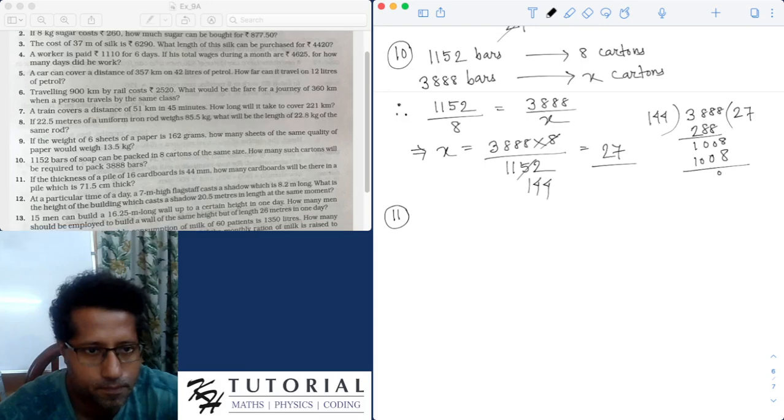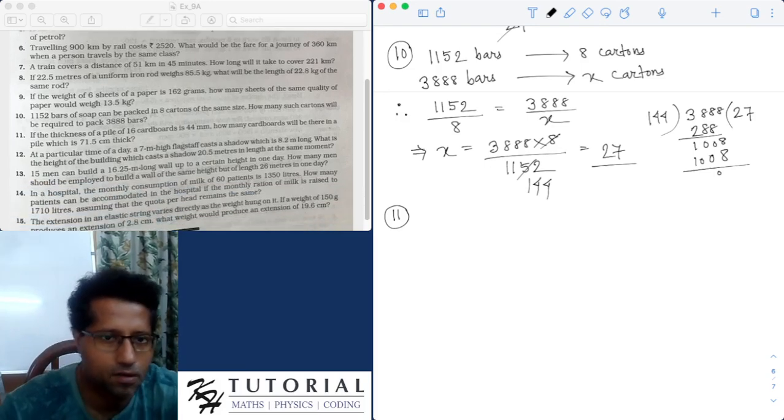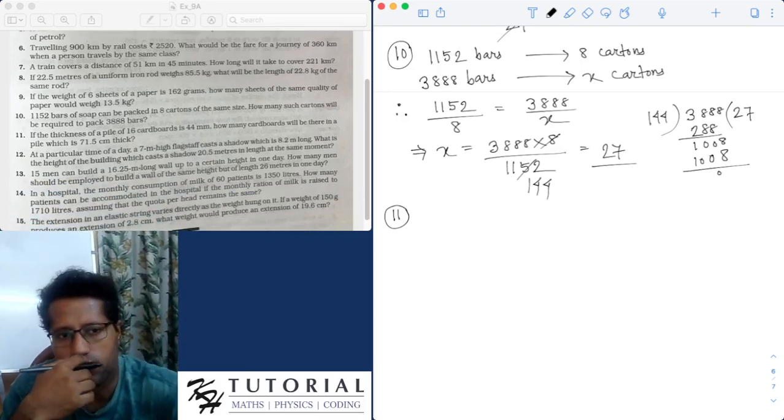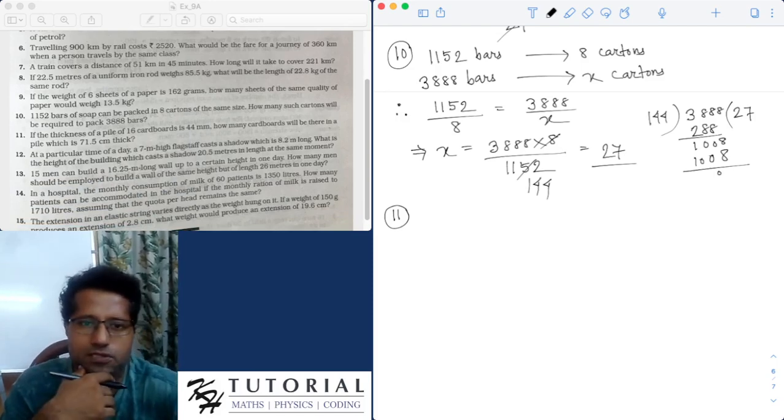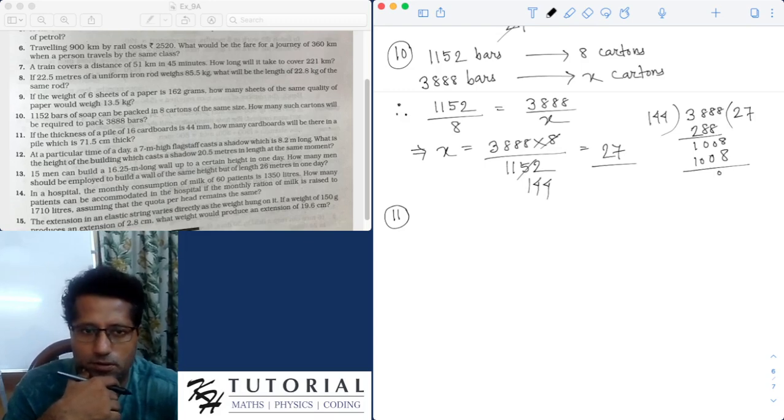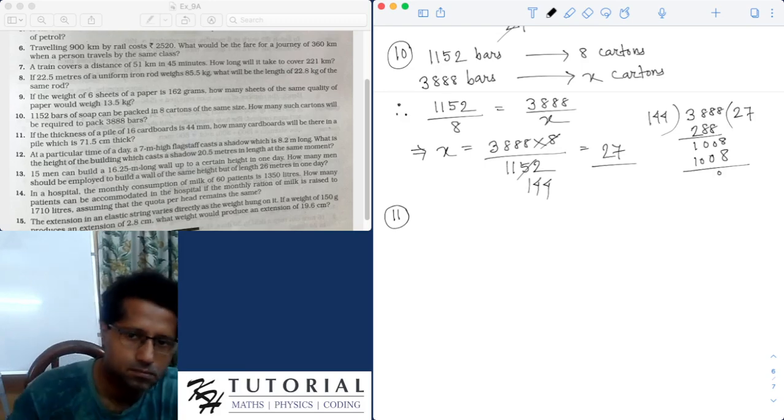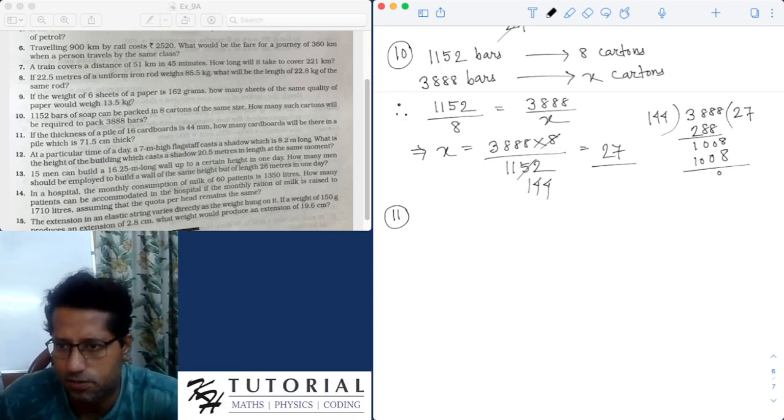Problem number 11. If the thickness of a pile of 16 cardboards is 44 millimeter, how many cardboards will be there in a pile which is 71.5 centimeter thick?